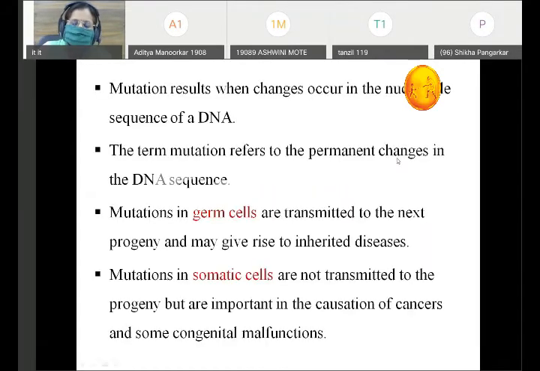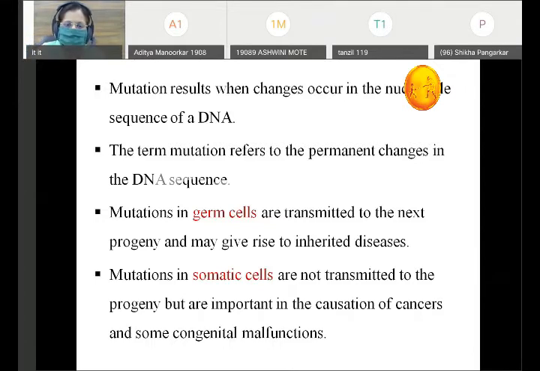Mutations result when a change occurs in the nucleotide sequence of DNA. The term mutation can be defined as a permanent change that can be inherited by the progeny or next generation.